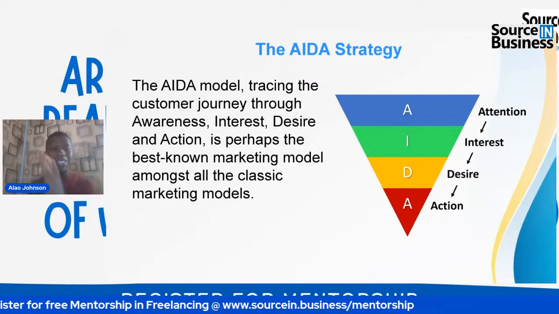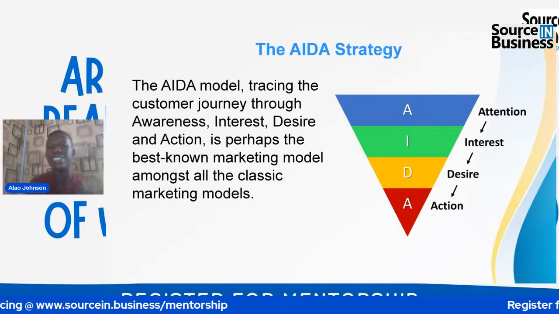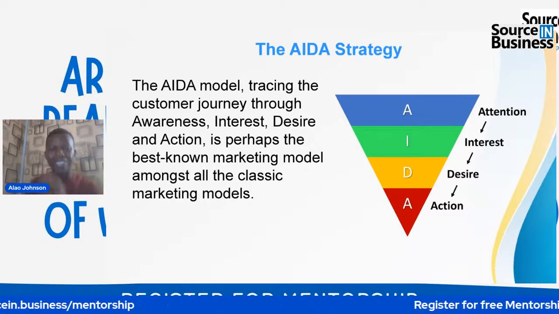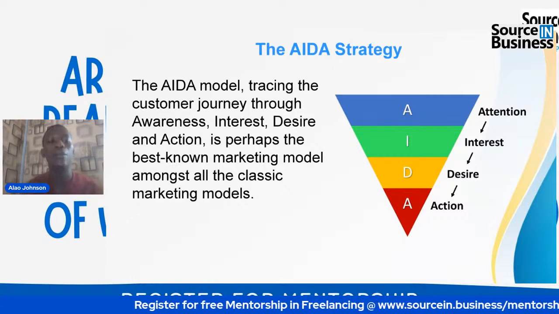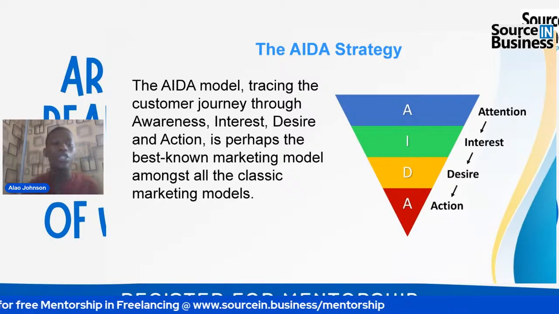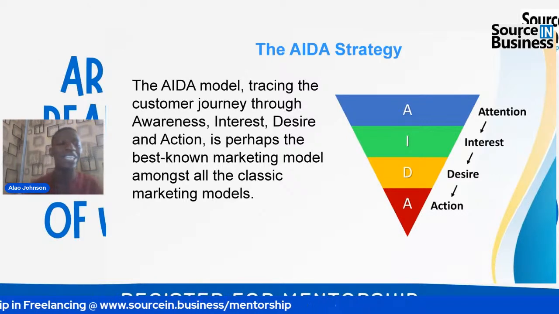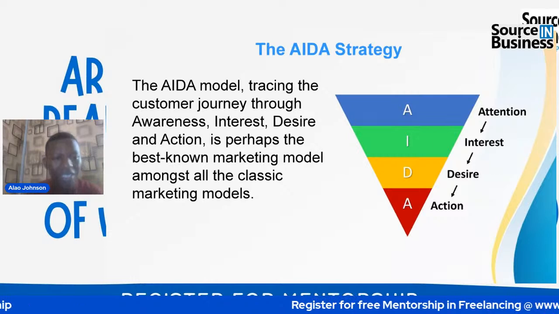So that is it. Your customers need to pass through this journey, the attention, the interest, the desire, before they can decide maybe they want to buy, which the buy means the action. All right. So the AIDA model is tracing the customer journey through awareness, interest, desire, and action. It's perhaps the best known marketing model among all the classic marketing models.